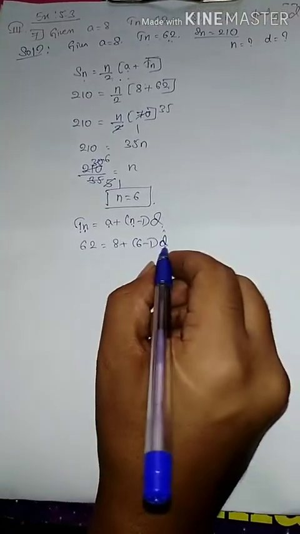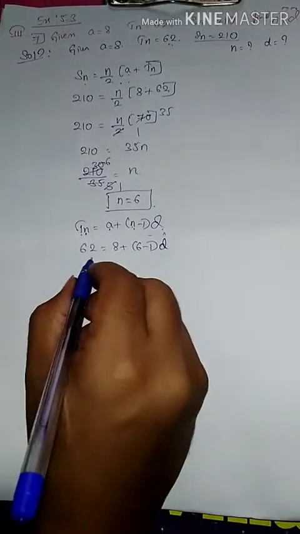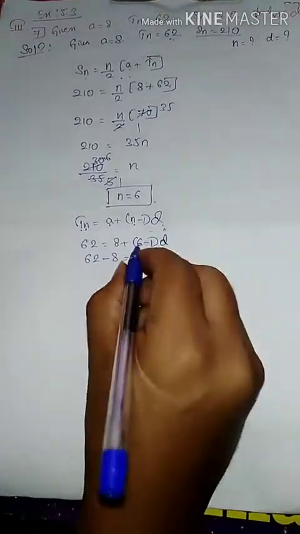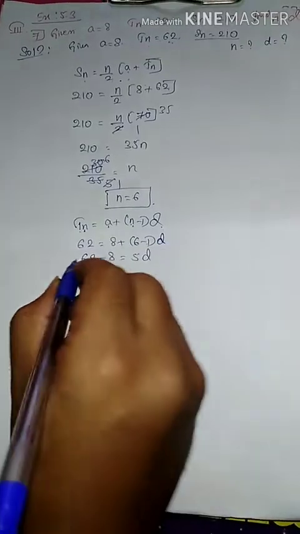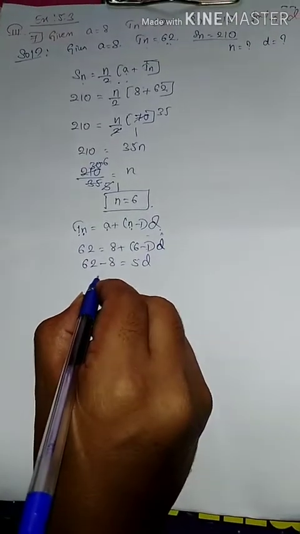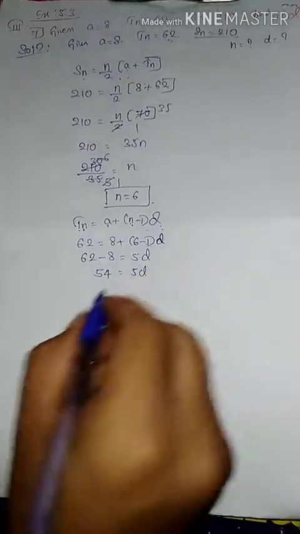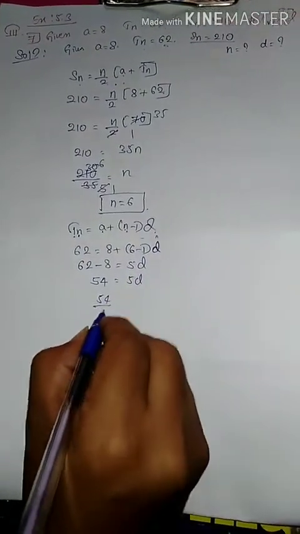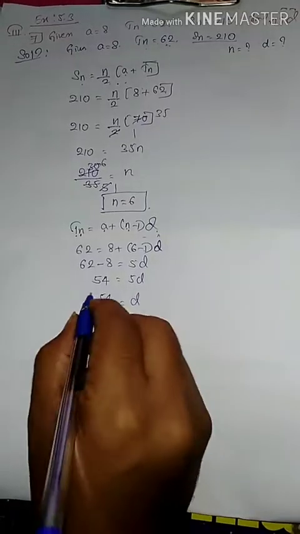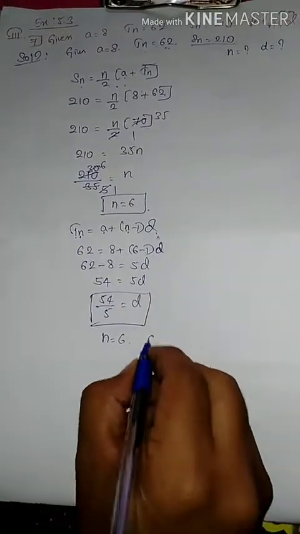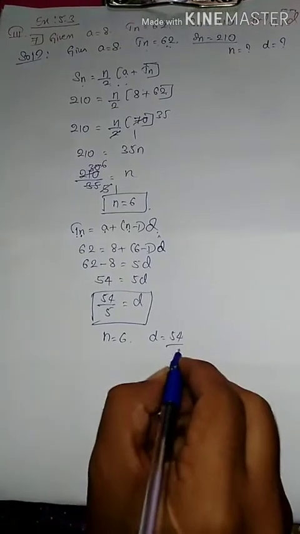We don't know the value of d, so we need to calculate it. 62 and 8 move to the left hand side and become 62 minus 8 is equal to (6 minus 1) is 5d. So 62 minus 8 is 54, which is equal to 5d, and 54 divided by 5 is equal to d. Hence n is equal to 6 and the common difference d is equal to 54 divided by 5.